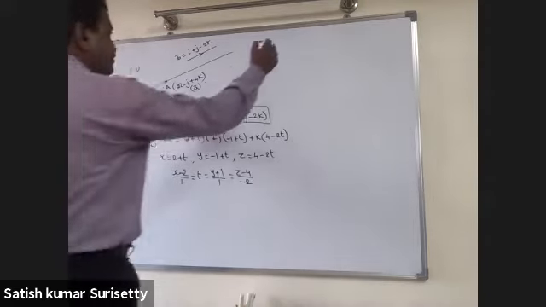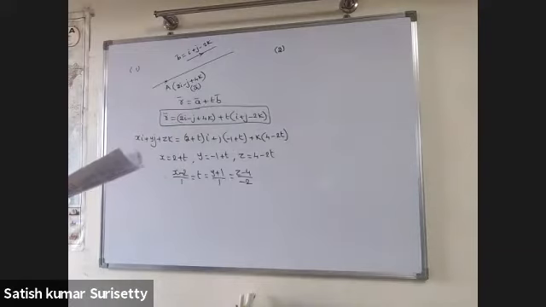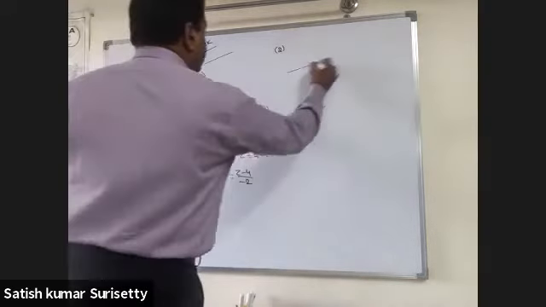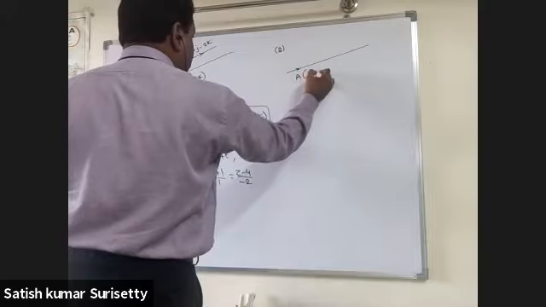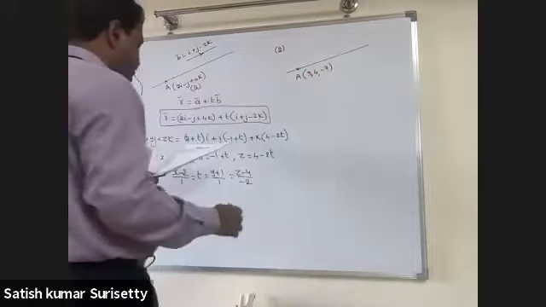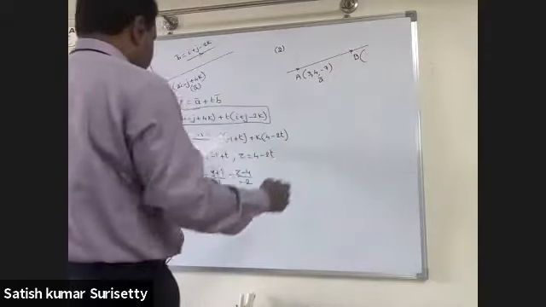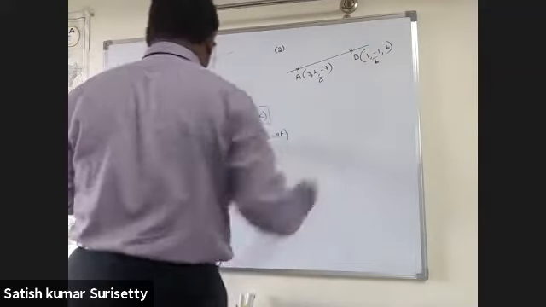Next. Find the vector equation of the line through A and B. Find also its Cartesian equations. A (3, 4, minus 7) we can take as a bar and B (1, minus 1, 6) we can take as b bar.